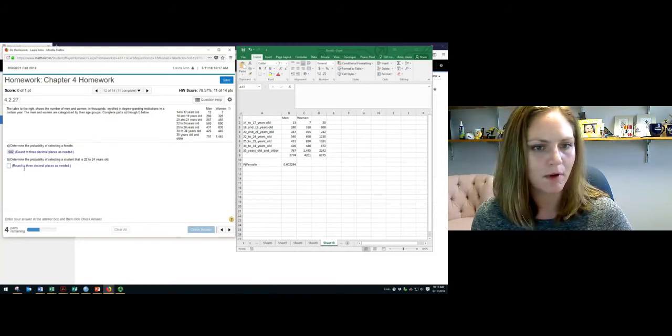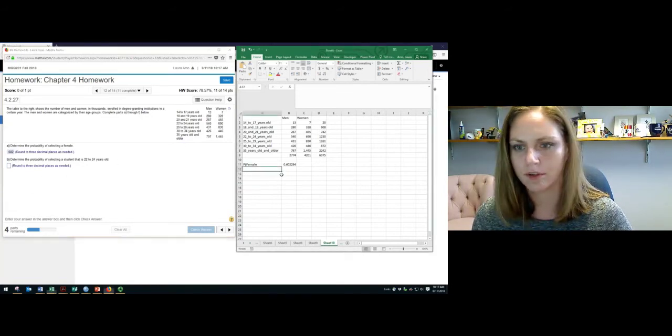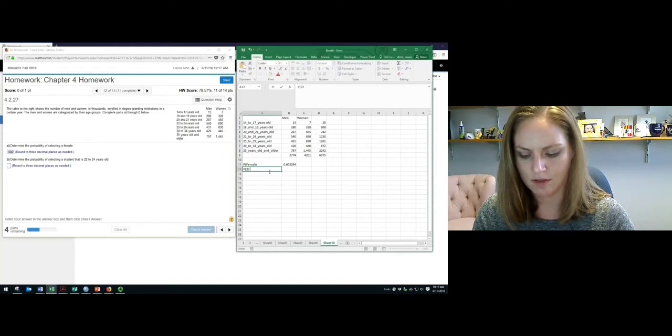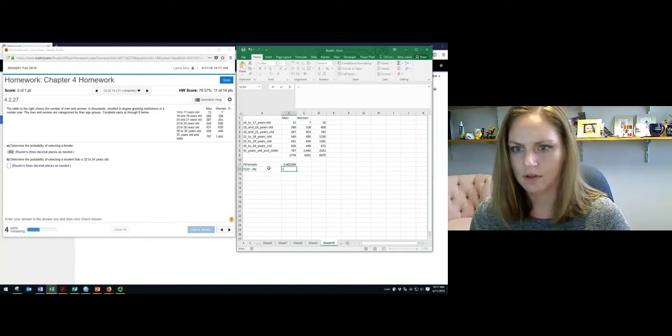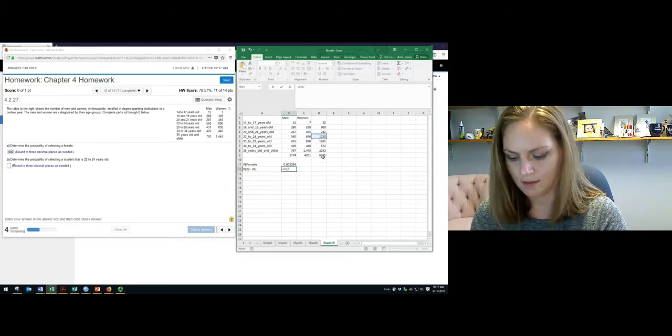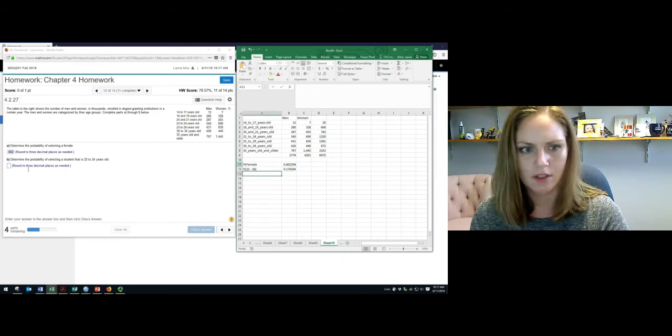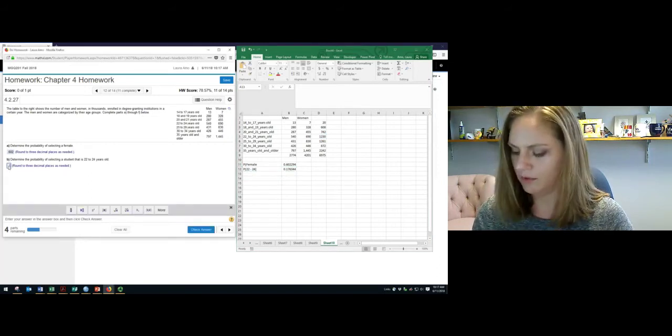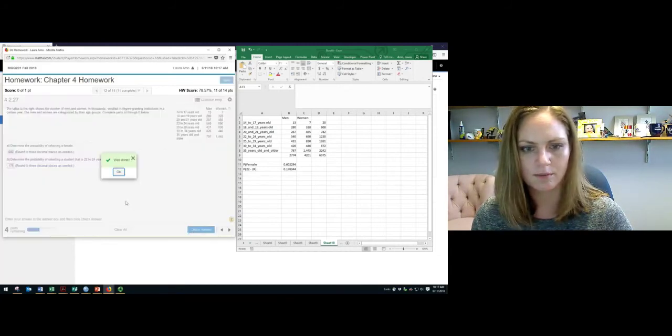And determine the probability of selecting a student that is 22 to 24 years old. The probability of 22 to 24 equals the 22 to 24 total, this divided by the total. Okay, 0.176. Check it. Good.